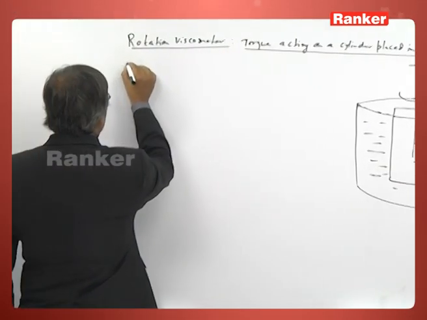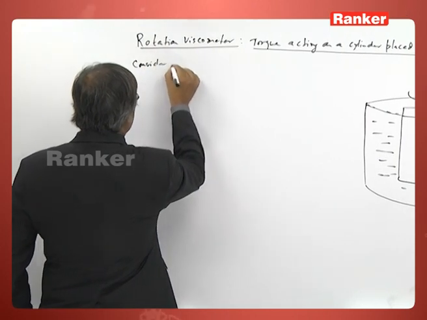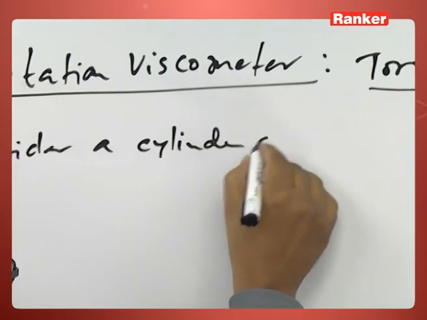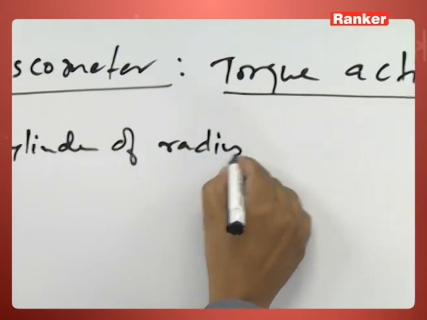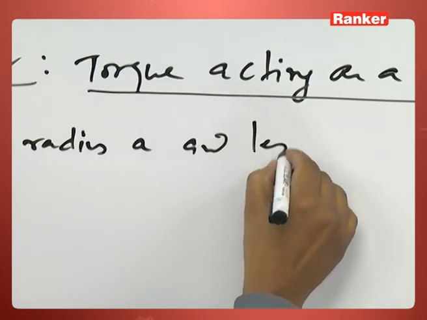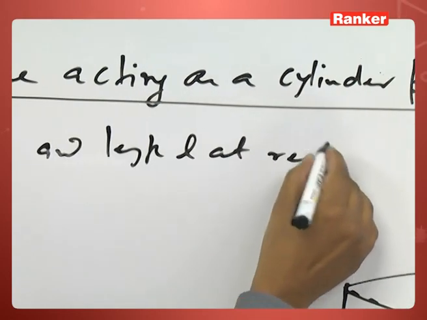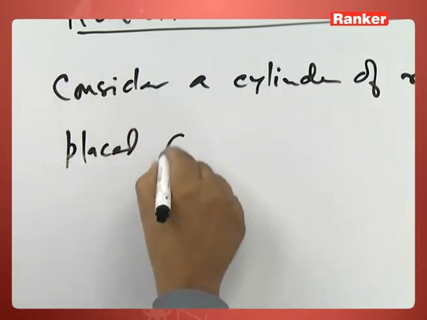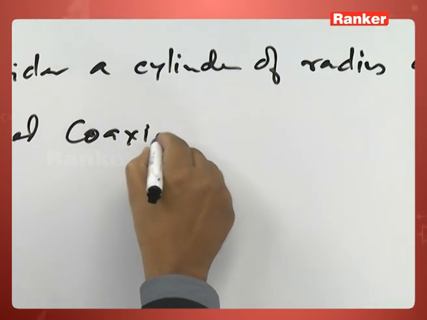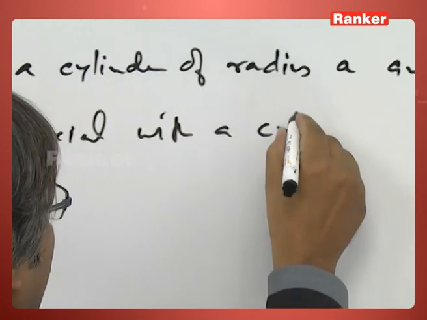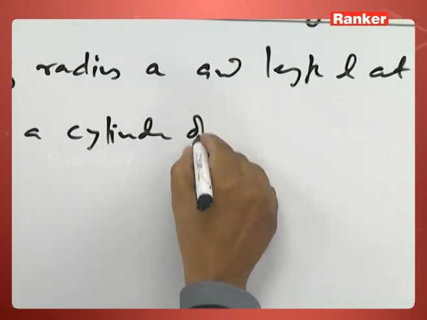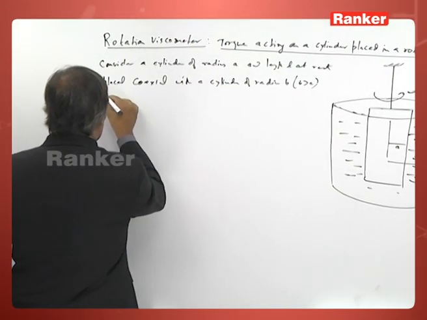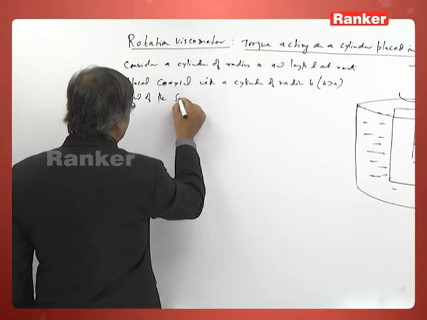Now consider a cylinder of radius A and length L at rest, placed coaxial with a cylinder of radius B, such that B is greater than A and of the same length.